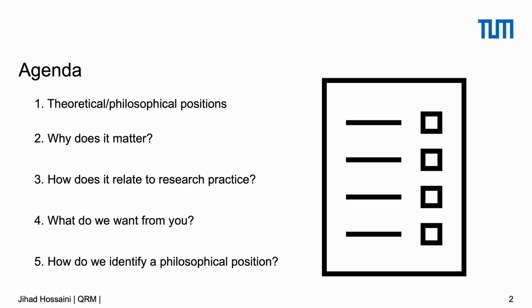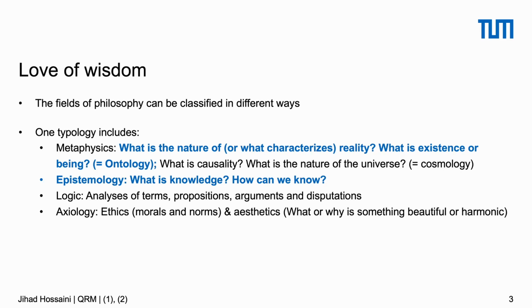We need to start at a very, very basic field, and the field that we are starting at is the field of philosophy, or the love of wisdom, which is a very basic translation of what philosophy is. We can categorize the field of philosophy in different ways.